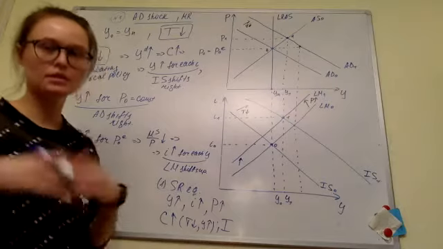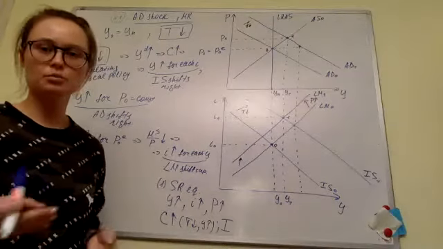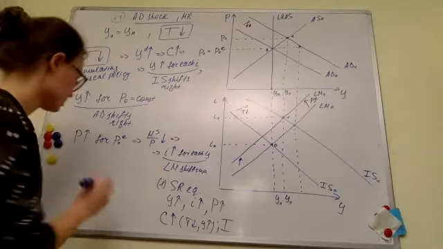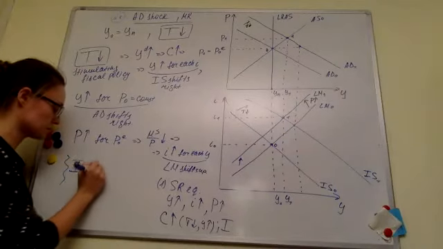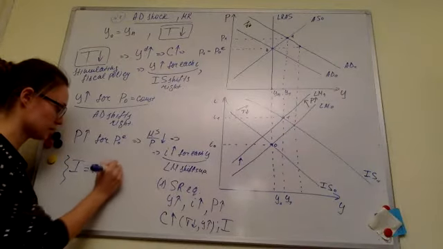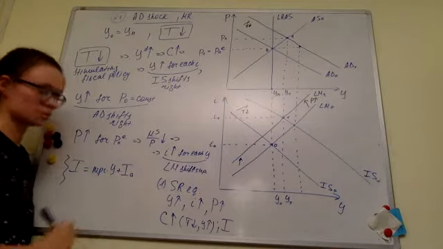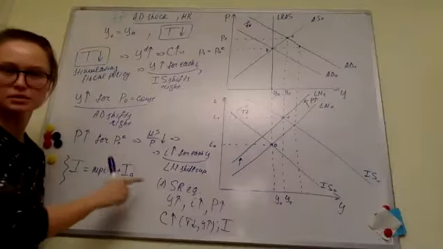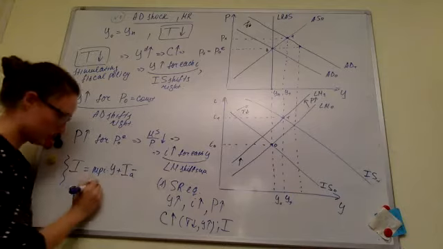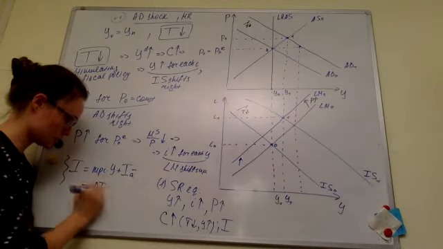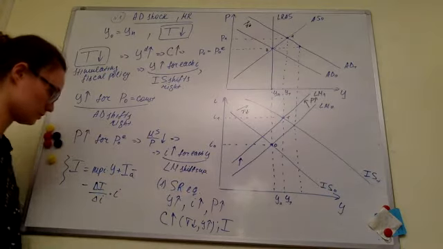Yes, it can be. We can write down the marginal propensity to invest. You remember that we had, for example, investments equal to the marginal propensity to invest multiplied by GDP, plus autonomous investments that are constant, minus the change in investments when we change the interest rate, multiplied by the level of interest rate.